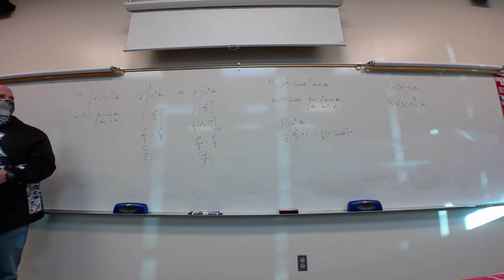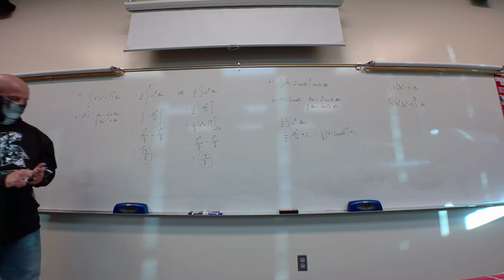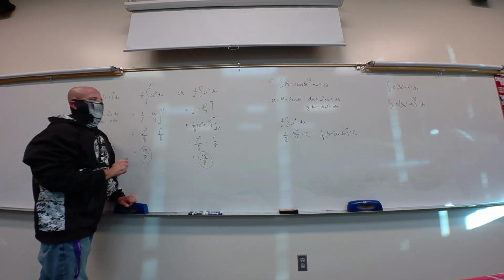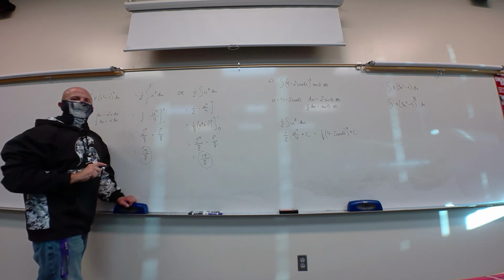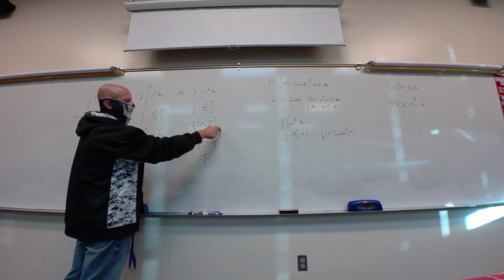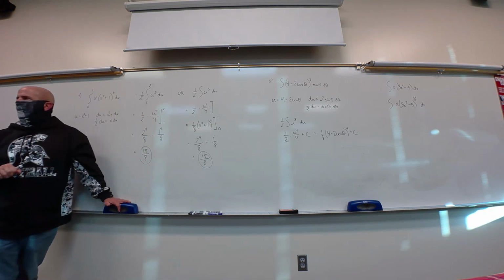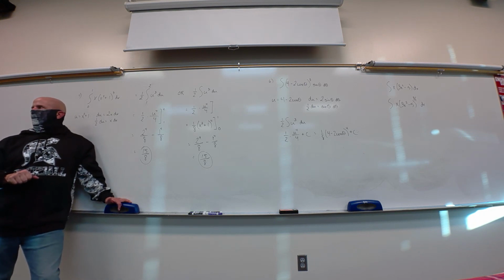Now notice what I did here. When I rewrote the integral with u's, I did not put any limits on. I integrated, did not put any limits on. Put the x's back in, then put the limits on. I know it's kind of picky, but on that AP test, you've got to make sure things match up.